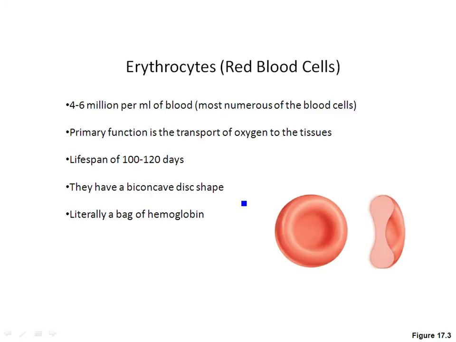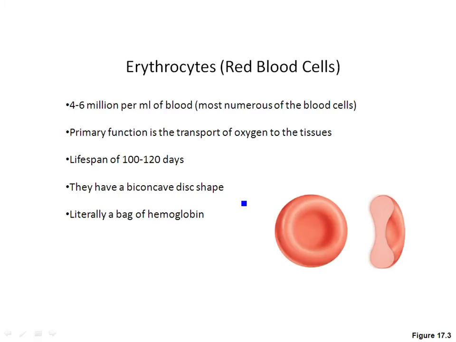Their primary function is going to be oxygen transport, and so they're going to pick it up in the lungs, then they're going to deliver it to all the tissues, they're going to dump it out at the tissues, and then they'll go back to the lungs and pick up more oxygen and keep delivering it to the tissues. They also do a little bit of carbon dioxide transport, but most of the carbon dioxide transport doesn't occur on the red blood cells. Most of the red blood cells have a lifespan of about 100 to 120 days.